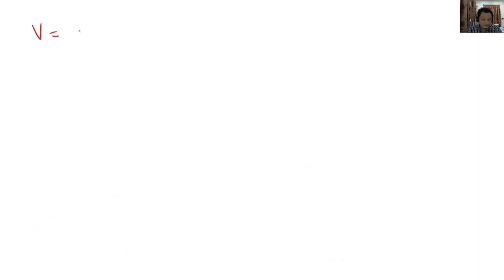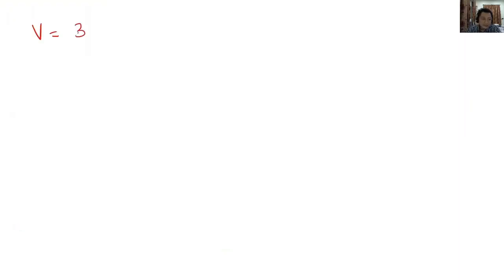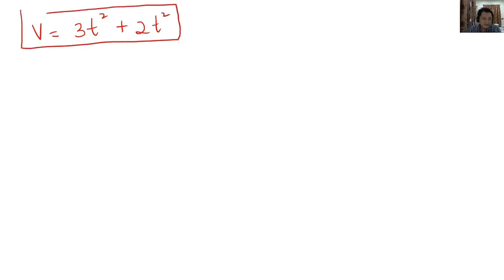Equal to, what is the value just now? 3t squared plus 2t squared. So this is V. We're trying to find acceleration.